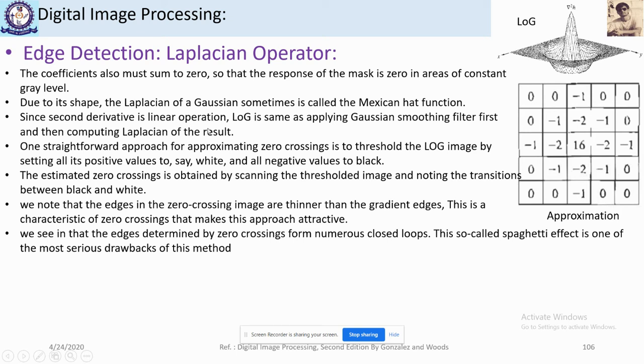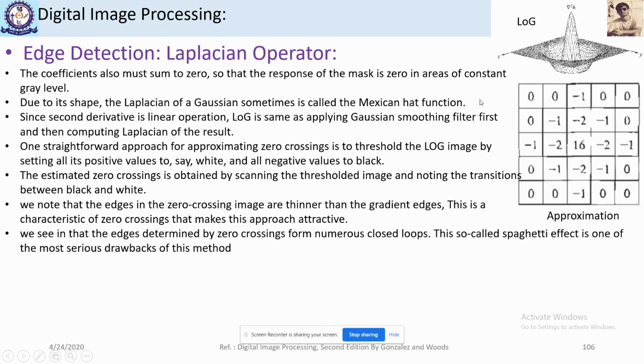Since the second derivative is a linear operation, LoG is the same as applying a Gaussian smoothing filter first and then computing the Laplacian of the result. Linear function means we can apply a Gaussian smoothing filter over the image first, and then compute the Laplacian of the result.